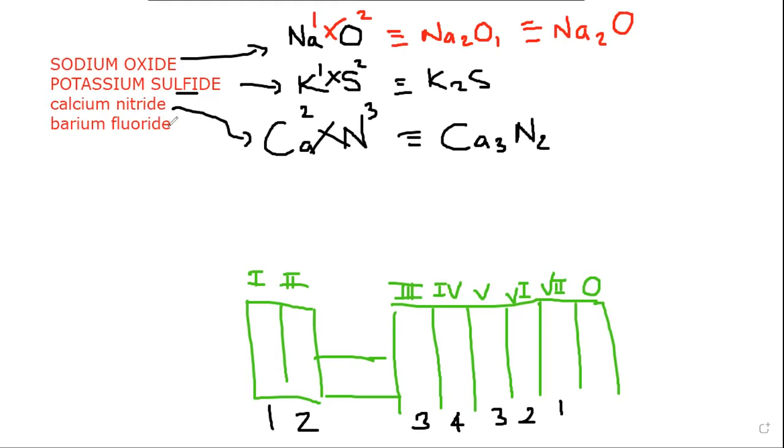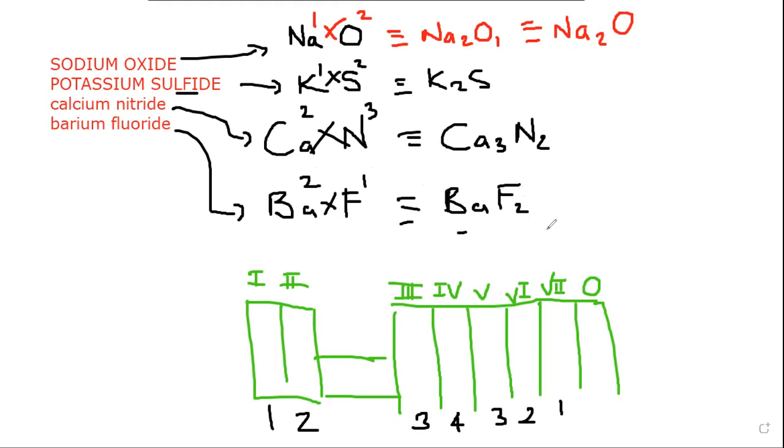Ensure that you copy the elements the way they are on the periodic table. Barium fluoride: barium is capital B, small a, then fluoride is capital F. The valence number of barium is 2. The valence number of fluorine is 1. When you interchange, you get BaF2. So that is how we come up with these formulas.